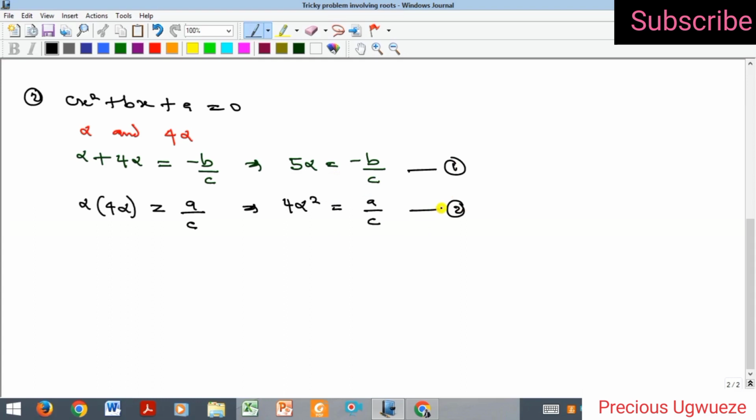you would see that from equation 1, if we make alpha the subject, we are going to have that alpha is equal to minus b all over 5c. And this we can square both sides, and then we are going to get alpha squared equal to the square of minus b, which is b squared, and the square of 5c, which is 25c squared.